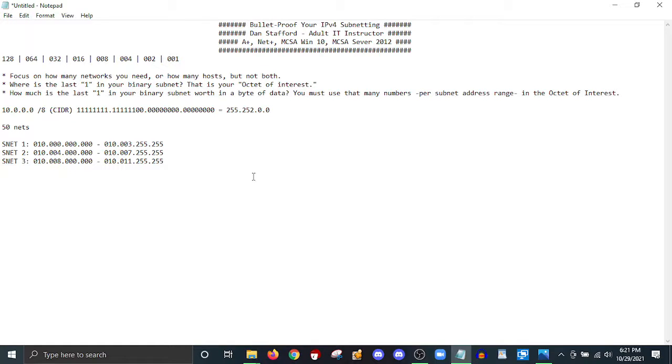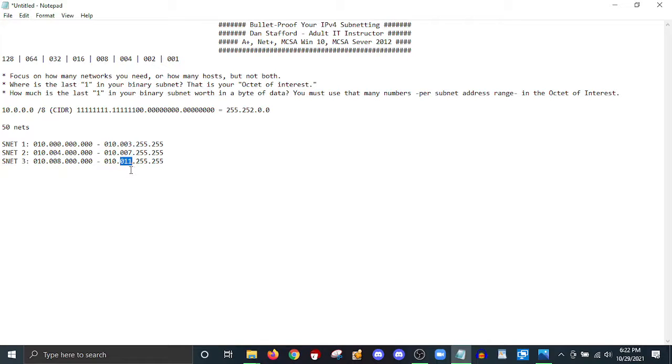Okay. I also want you to notice something else that's going on here as this plays out. There's a little bit of a pattern going on in the numbers. If you take a look at the second octet on the left-hand side, you'll notice all of these are even numbers. And that's going to keep happening if I do this correctly. Everything on the right-hand side, which is the broadcast address of each of these subnets, by the way, is all odd numbers.